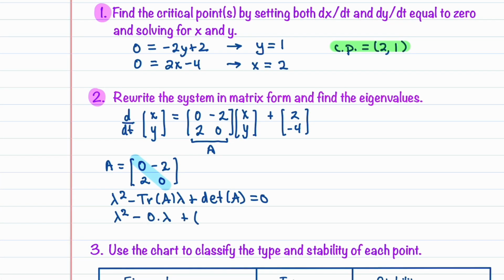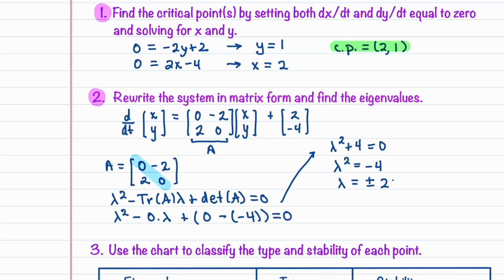And then our determinant is going to be 0 minus a negative 4, and that's equal to 0. This gives us lambda squared plus 4 is equal to 0. So we have lambda squared is minus 4, and lambda is plus or minus 2i. Our lambda is complex, and it is purely imaginary.